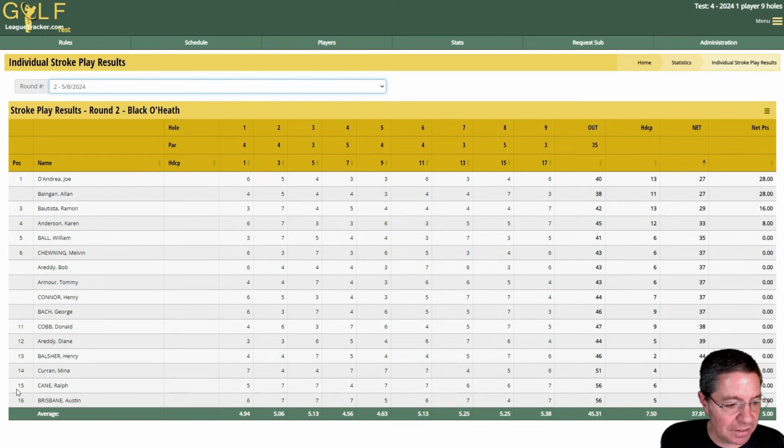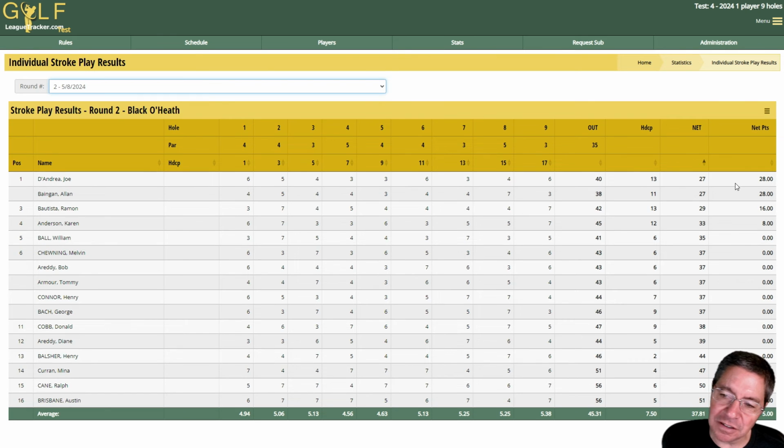And again, we have 16 players. First place pays 40%, second place pays 30%. So that would be 32 points and 24 points. But since there's a tie, we are awarding each player 28 points. And then third is 16, and fourth is 8.